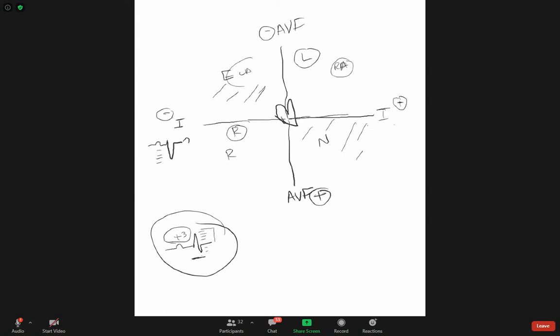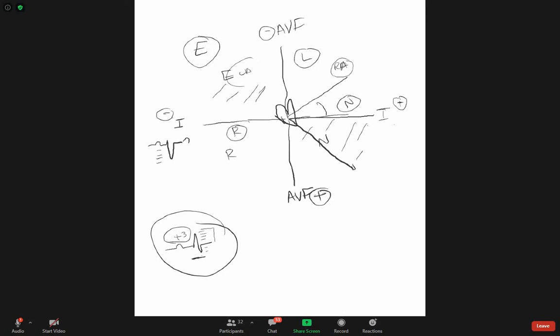Okay, and you're going to be in extreme axis, almost. So here's the problem. The first 30 degrees out of this is a normal axis, part of the normal axis. If you remember, lead 2 comes like this.